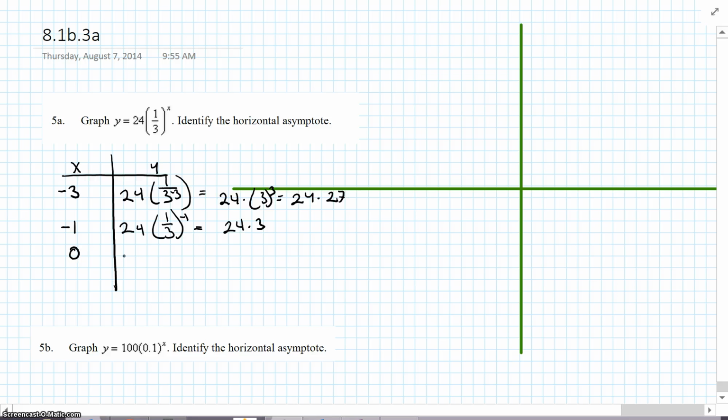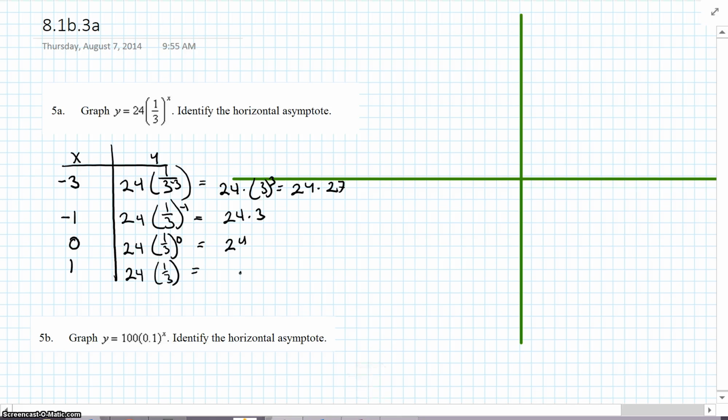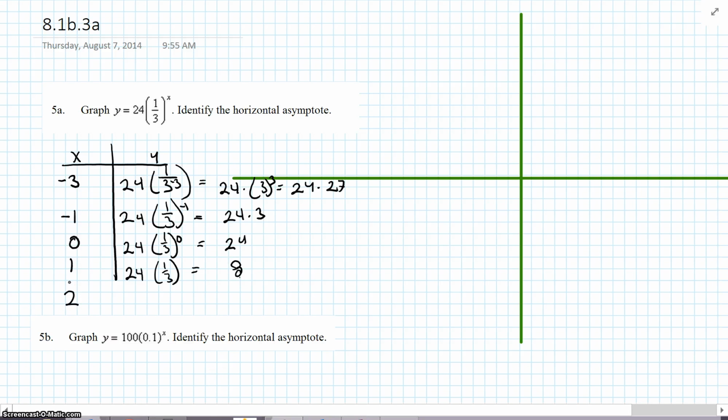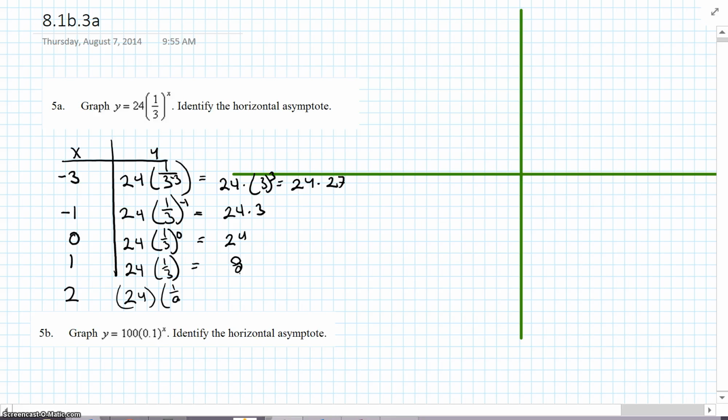So when x equals 0, y is going to equal 24 times 1/3 to the 0 power, which would be 1, which would be 24. So when x equals 1, it'd be 24 times 1/3, which would be 8. And when x equals 2, it'd be 24 times 1/9, which would be 24/9.